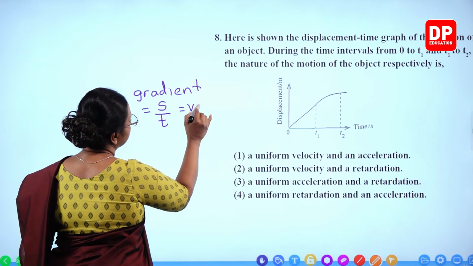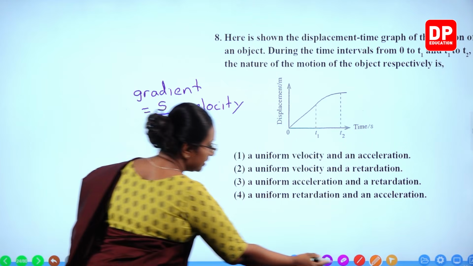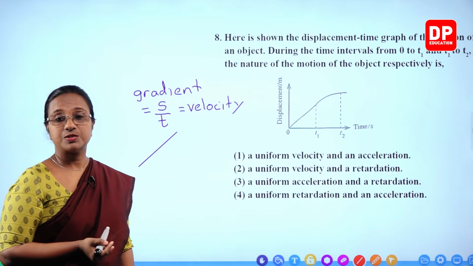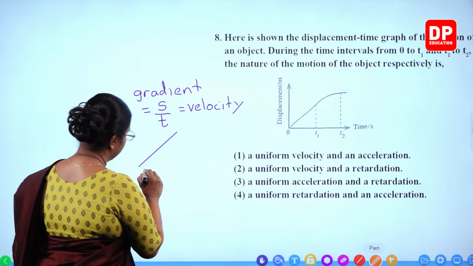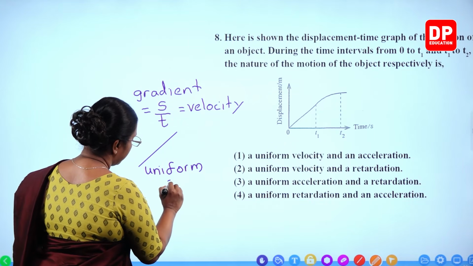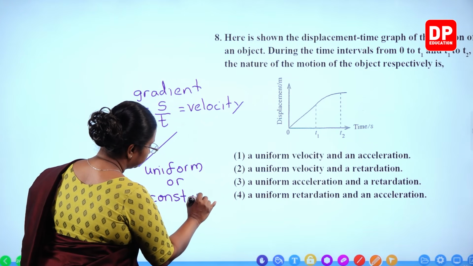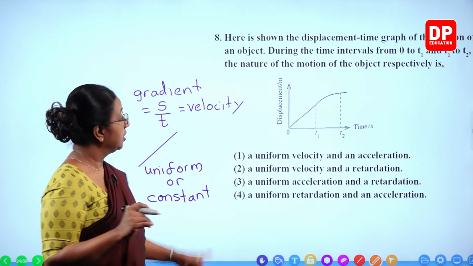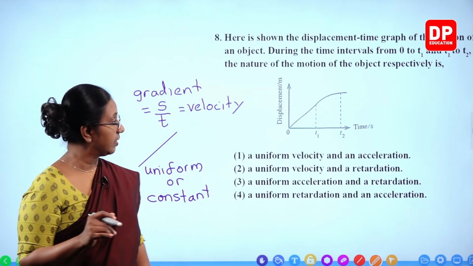That will give you the velocity. Now here, since it is a straight line like that, what do you think of the velocity? It has to be uniform or constant velocity. So 0 to t1 should be uniform or constant velocity.